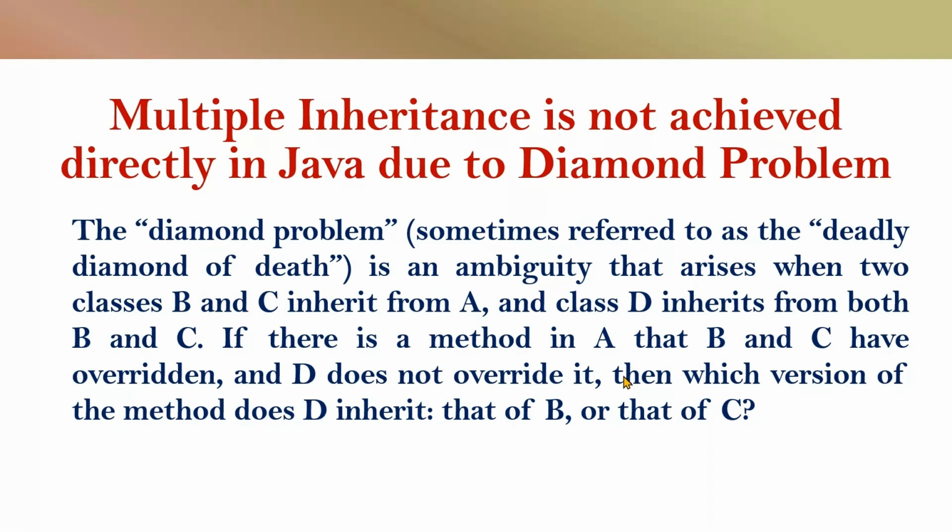So if B and C derive features from A, and there is a method in A that they override in B and C, but in class D we try to call the overridden method from B and C, then the compiler doesn't understand, because B is holding the same method signature and C is also holding the same method signature. D has no idea which one should be called. So that leads to a problem.